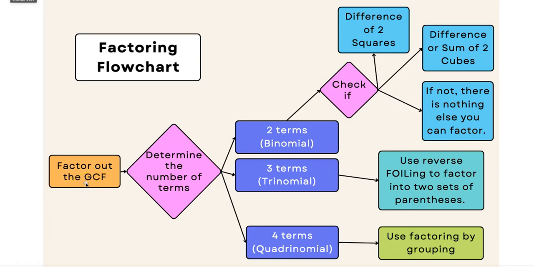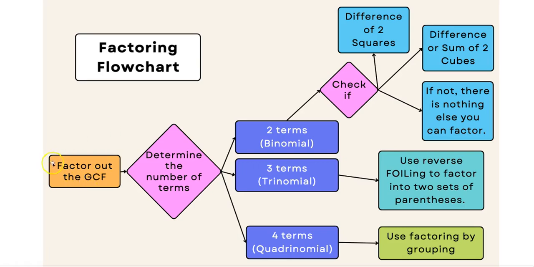From there, you can move along this flowchart. Our objective is to learn how to perform the first step, factoring out the GCF. You should always do this step before you proceed with the remaining parts of the flowchart.